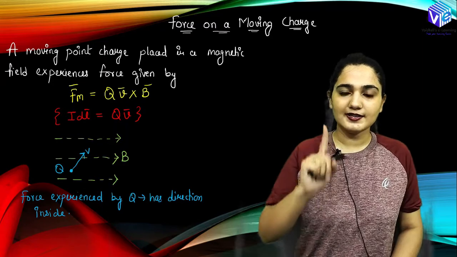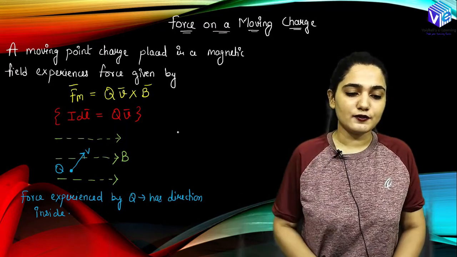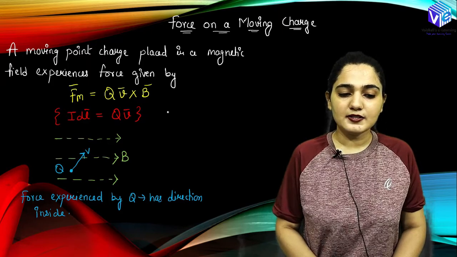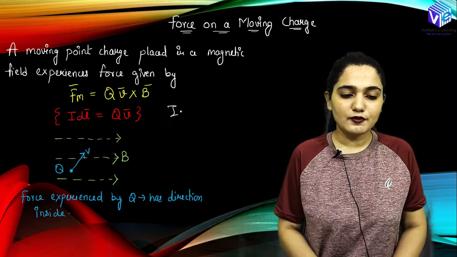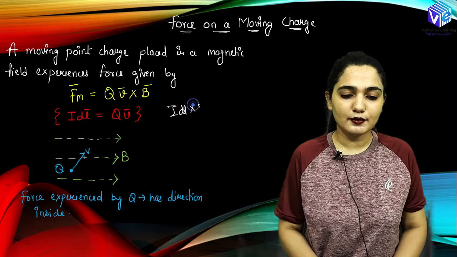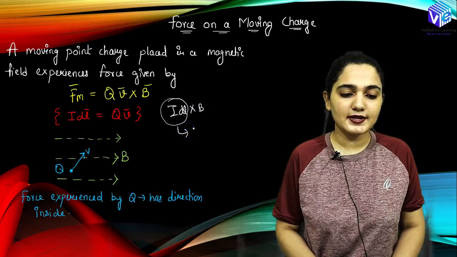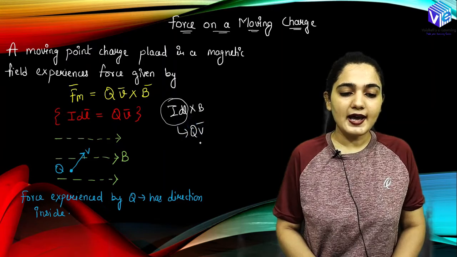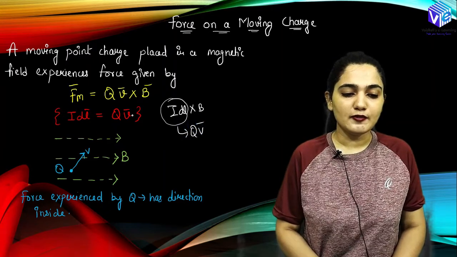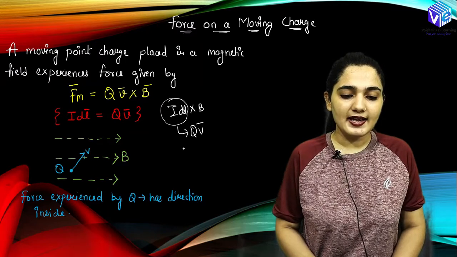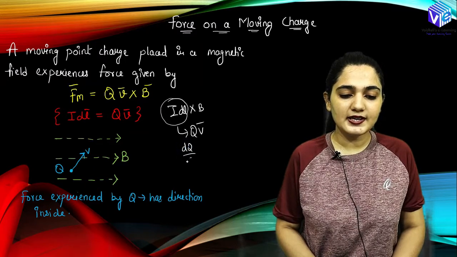So first let's talk about the magnetic force. I talked about the force as I dl cross B, right? So force was I dl cross B. Now I have taken this I dl and I have equated it to Qv. Why is I dl equal to Qv? Why is this equation there? So in I dl, what is I? I is dq upon dt, right?